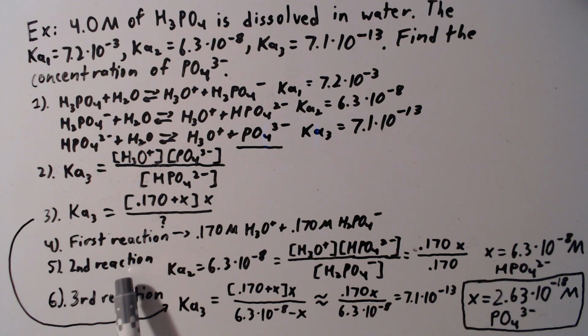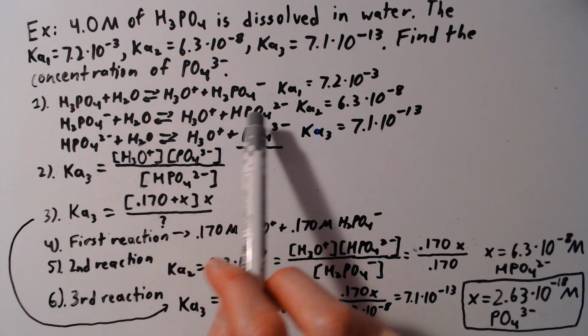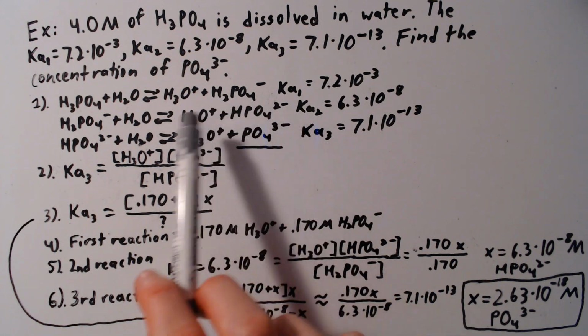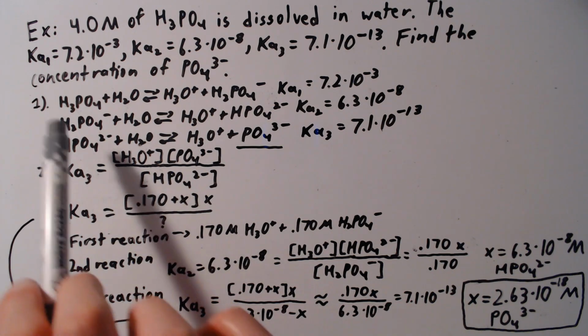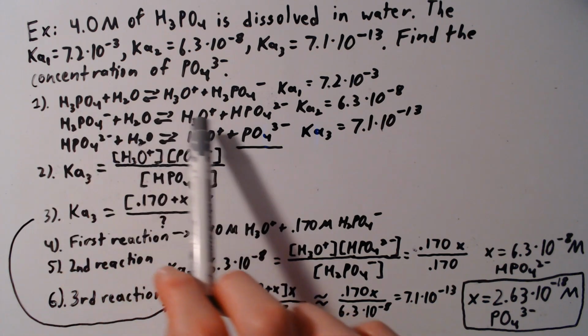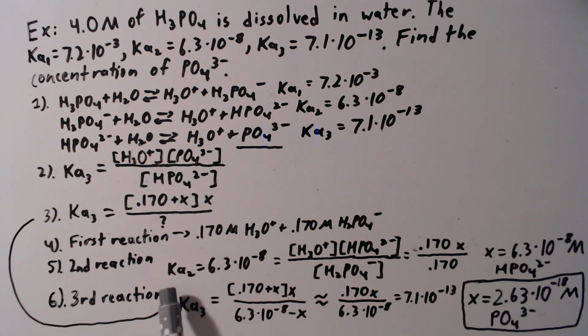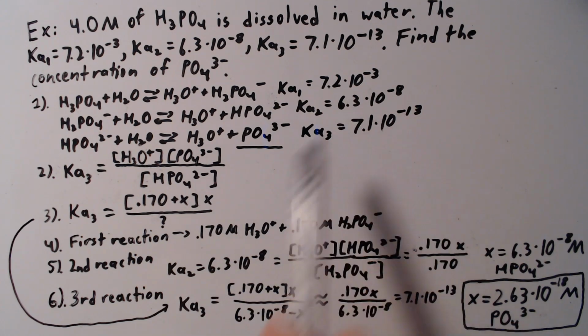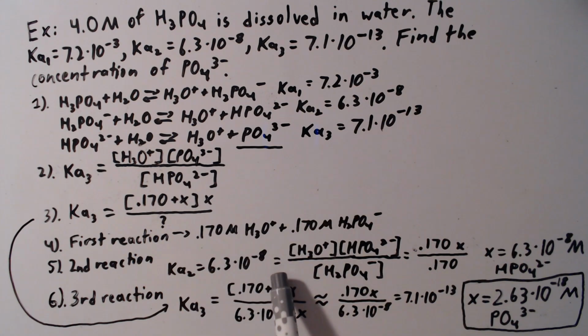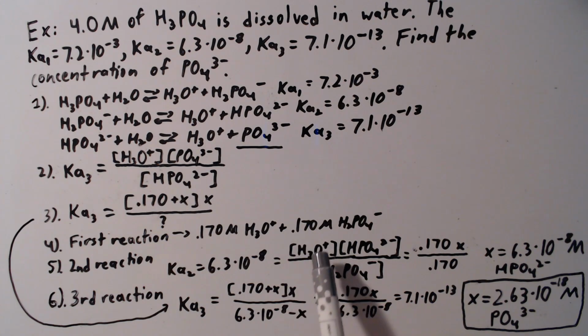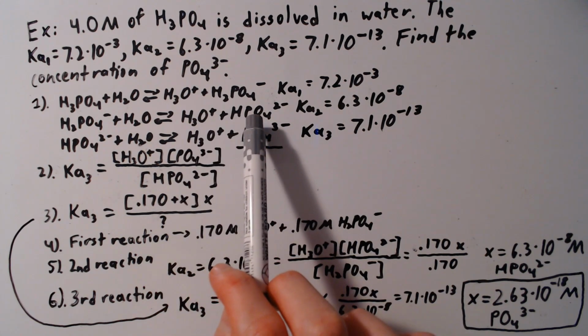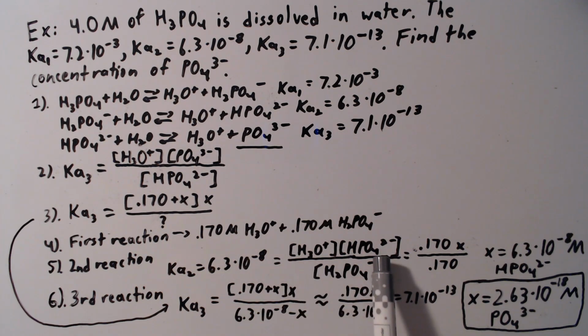So in order to find the concentration of HPO4^2- produced by the second reaction, we need to draw the equilibrium equation for the second reaction. So the Ka2, which is 6.3 times 10 to the negative 8th, equals the product concentrations multiplied on top, so the H3O+ times the HPO4^2-, over the reactant concentration, which is H2PO4^- right here.